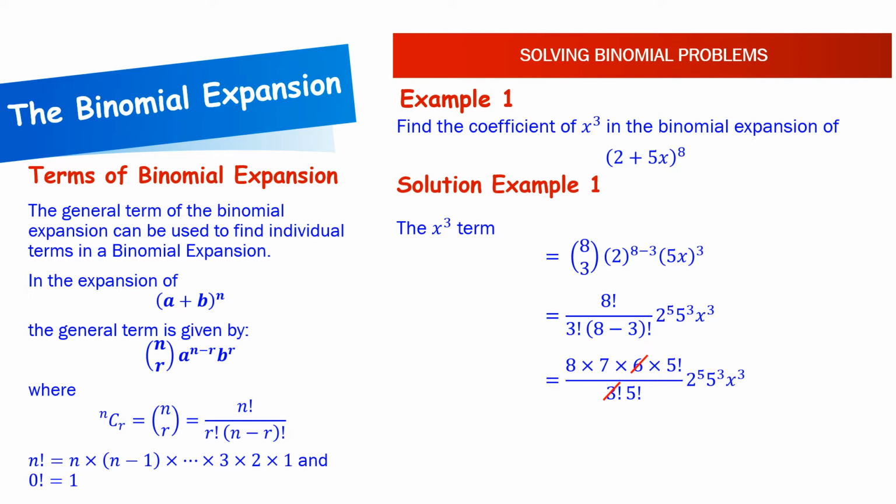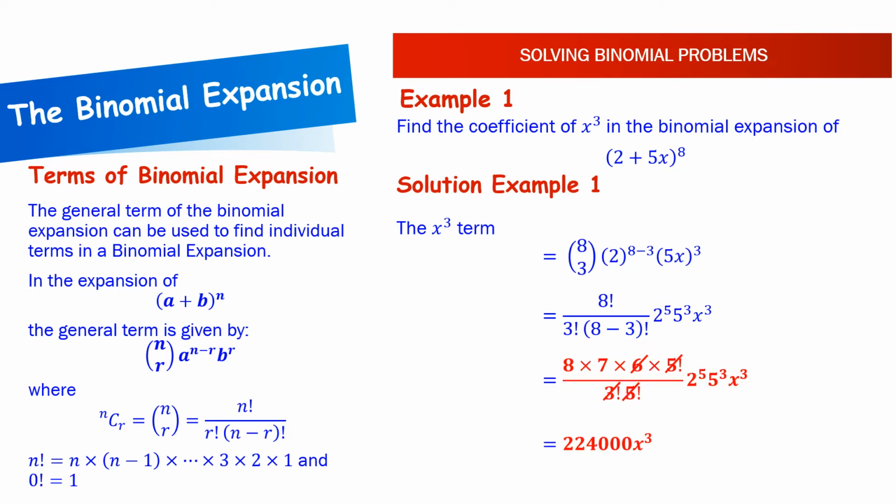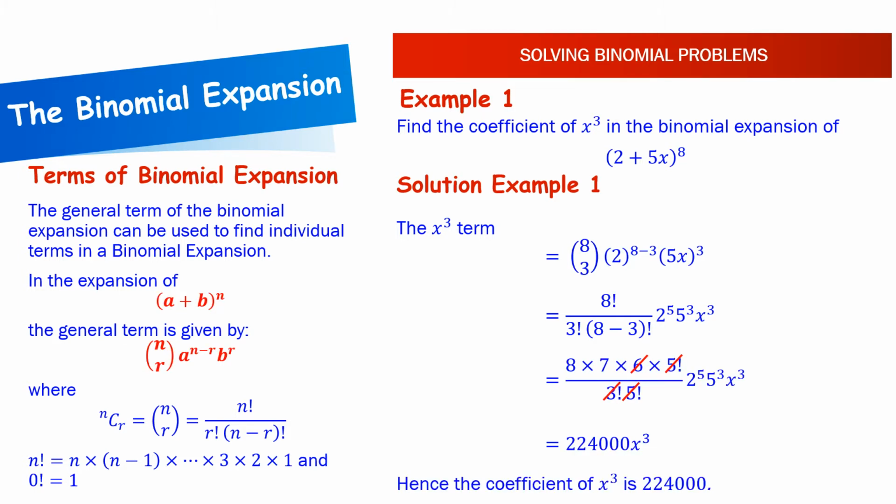The 6 cancels with the 3 factorial because 3 factorial is 3 times 2 times 1. And the 5 factorials cancel. And 8 times 7 times 2 to the 5 times 5 cubed becomes 224,000. And of course, x cubed remains as it is. And hence the coefficient of x cubed is 224,000.